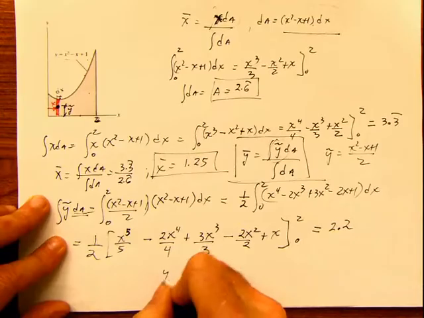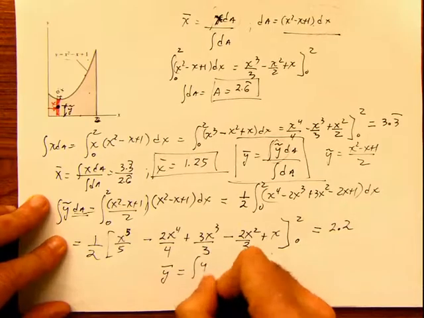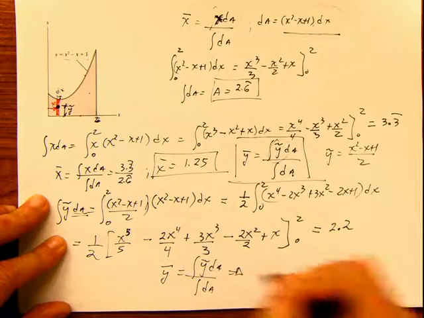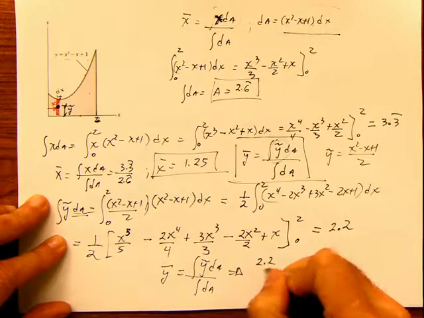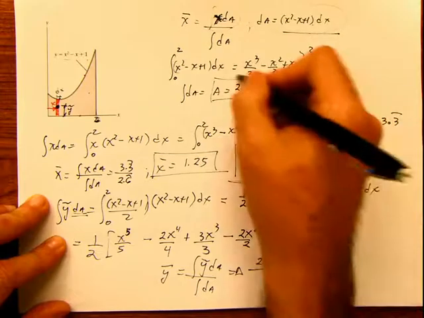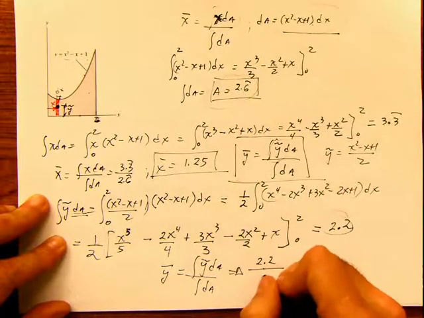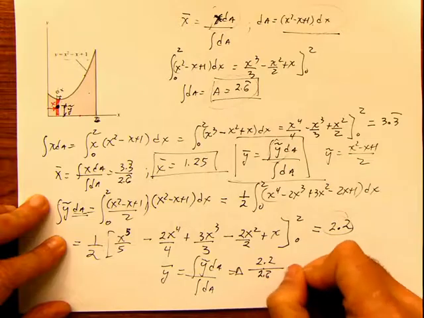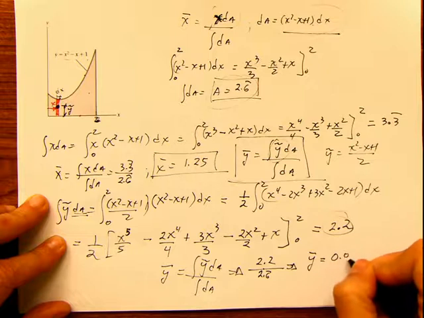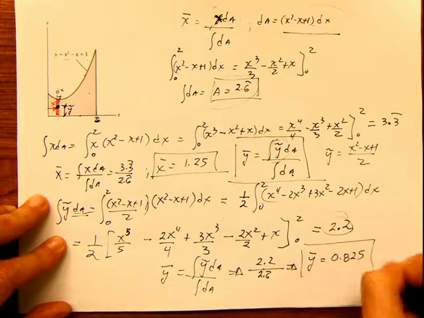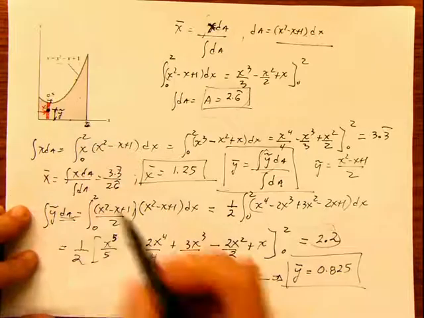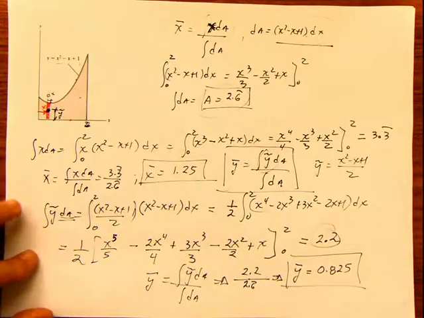And my y bar then is going to be the integral of y dA divided by the integral of dA, which is no other thing than 2.2, the value that I just got, divided by the previous value of area that I had before, 2.6 periodic, and that gives us a value of 0.825.